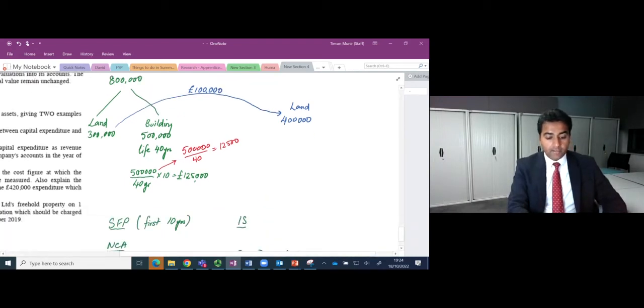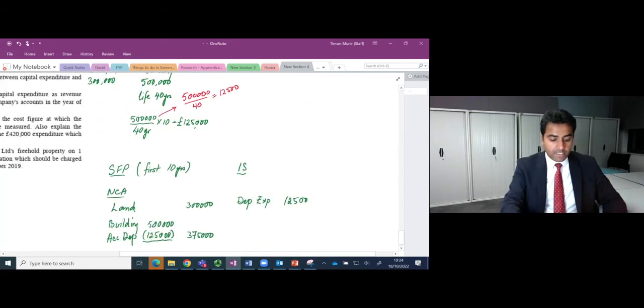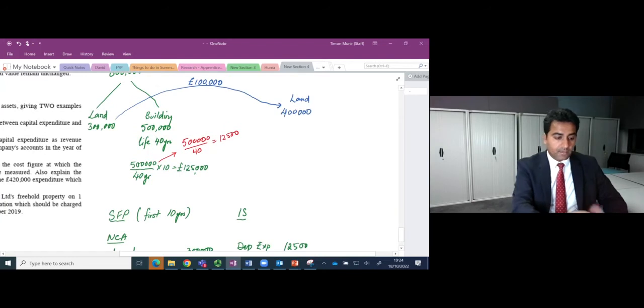The value of my building, which was £500,000 take away £125,000 is £375,000.